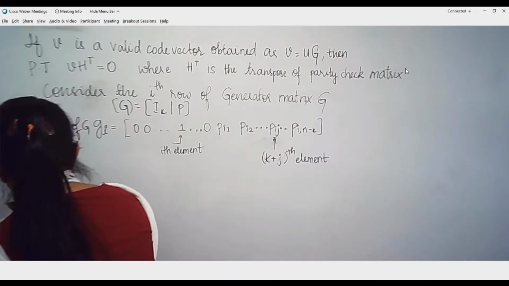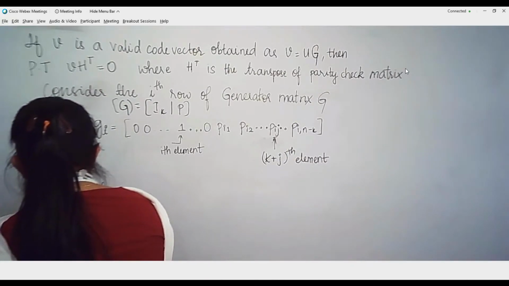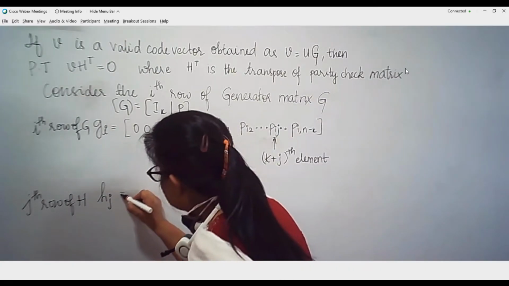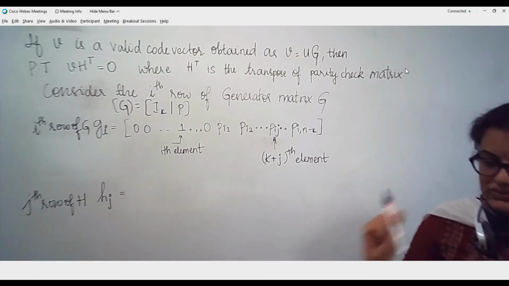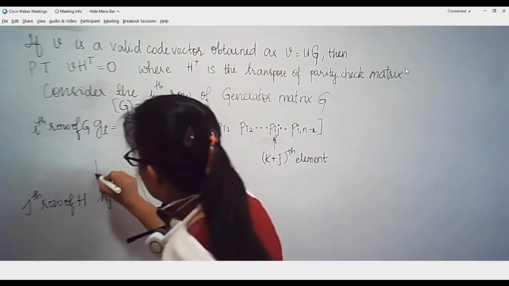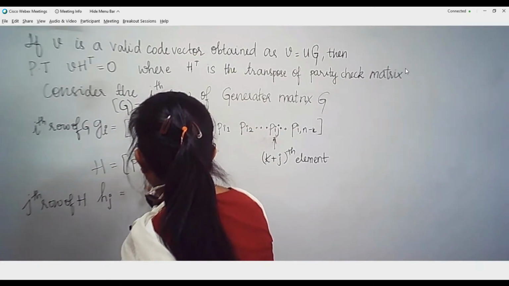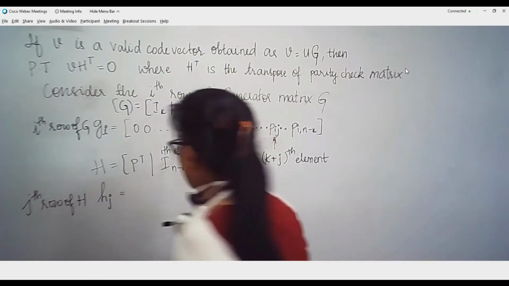Now I am going to consider the jth row of H. As I already told, in H the transpose of the parity matrix will come first, followed by the identity matrix of size n minus k.